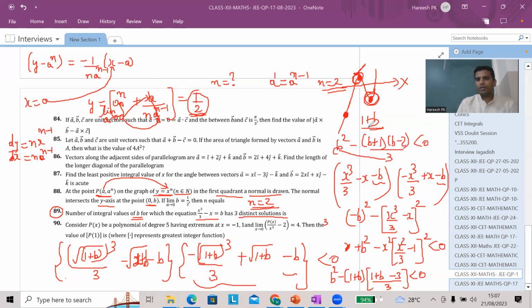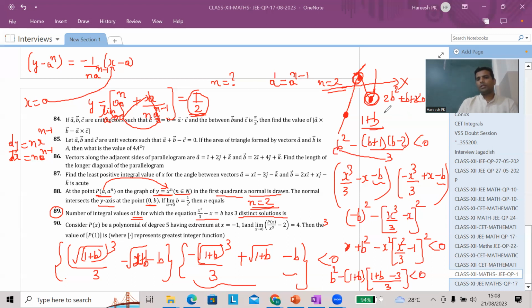Now cross multiply and you will get a quadratic inequality. So you'll end up getting 2b square plus b plus 2 less than 0, right? And then you'll have to find the roots.